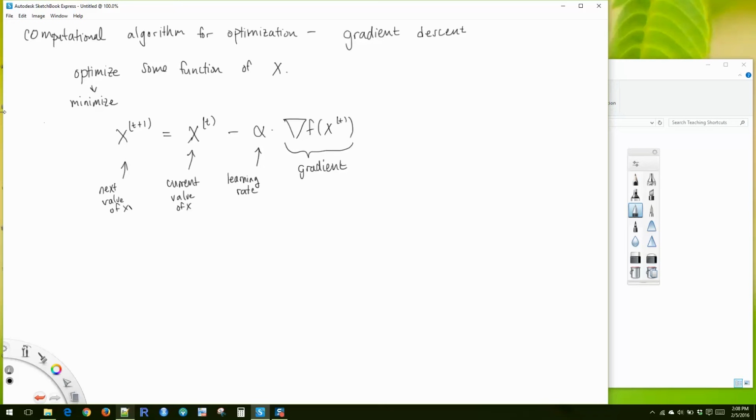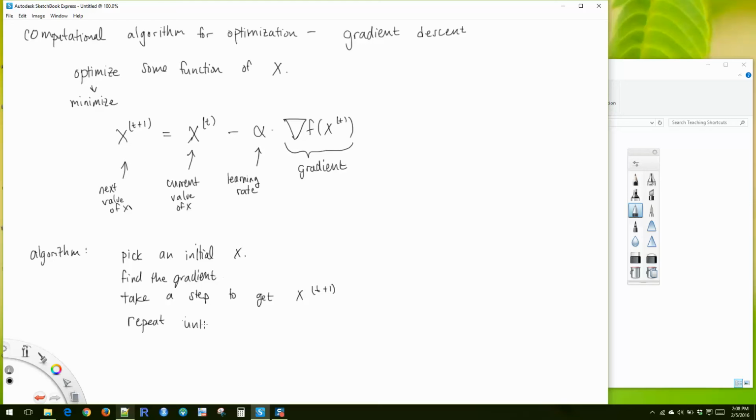Okay, and this is basically the algorithm. You just initialize x, calculate the gradient, and take steps. So the algorithm: pick an initial x, find the gradient, take a step to get x at time t plus 1, and then repeat.